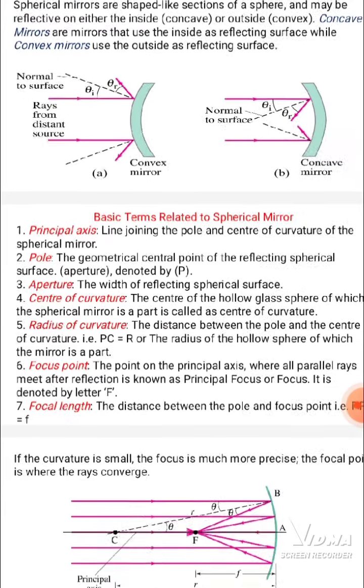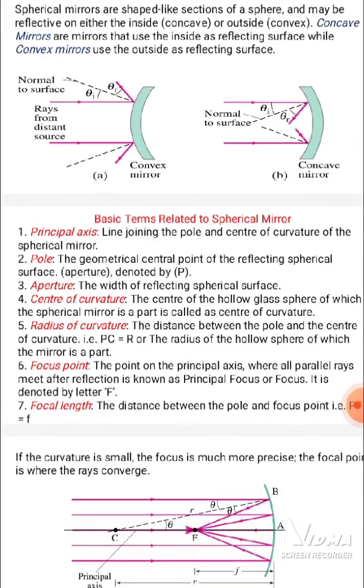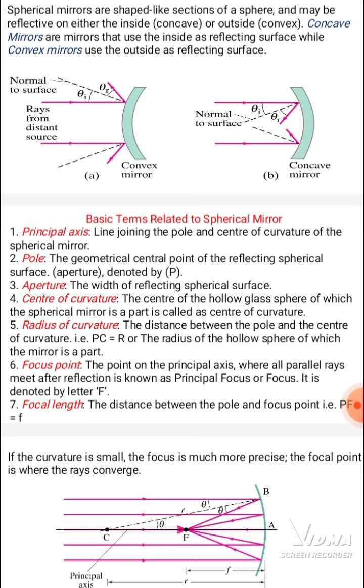And of course, you have the aperture, which is the width of the reflecting spherical surface. There can be reflection in the entire aperture; that's why it is called aperture, because reflection can actually take place from there.